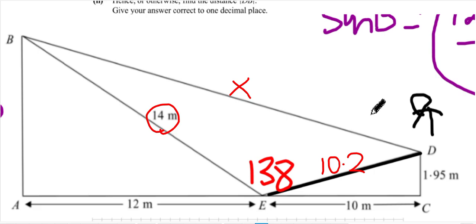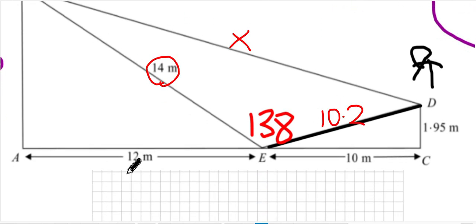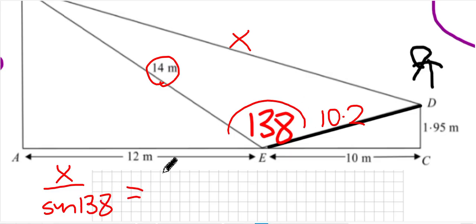Is that okay? Right. So guys, next question is, can we use the sine rule? Pick X. X divided by sine. What angle's looking at X? 138. Okay. 14. Who's looking at 14, lads?